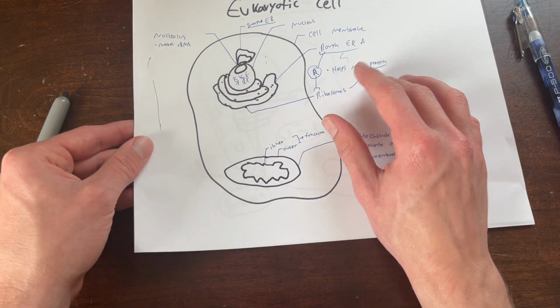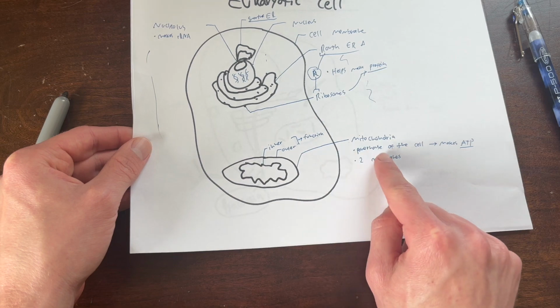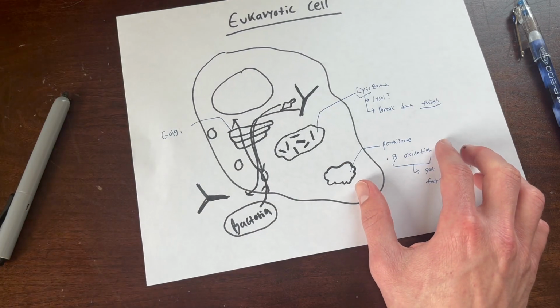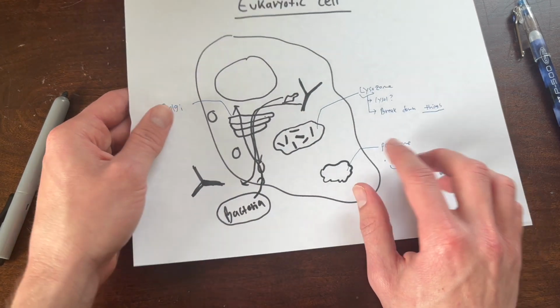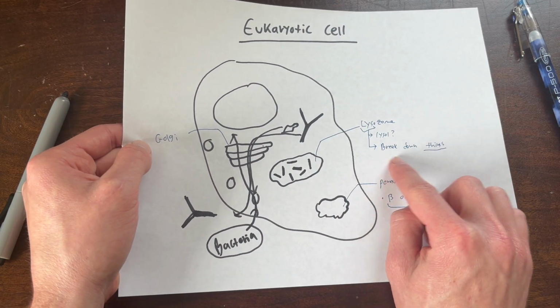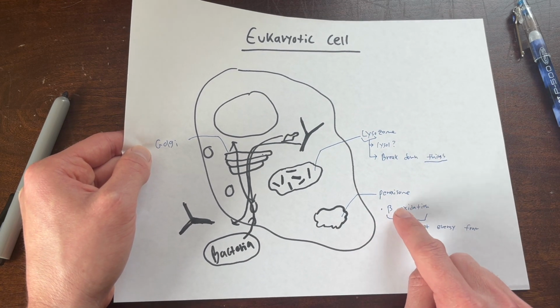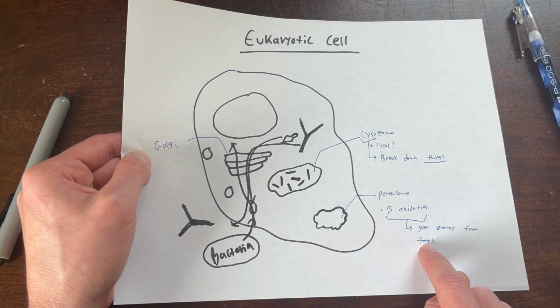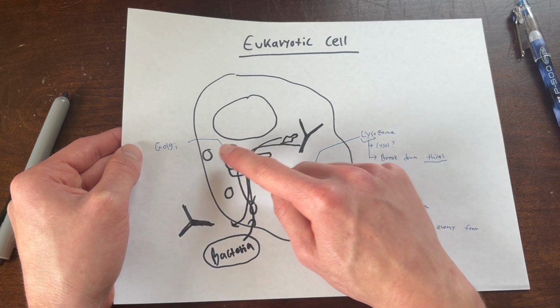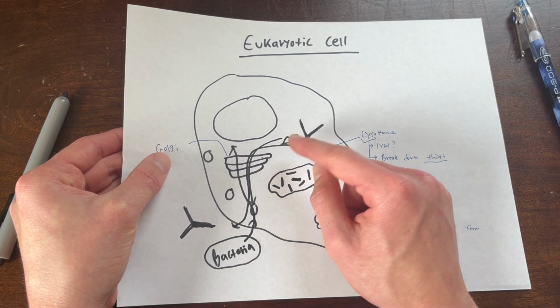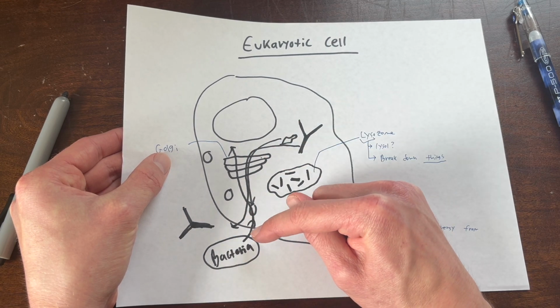You have the mitochondria, which is the powerhouse of the cell that makes ATP. You have the lysosome, which helps break down things. You have the peroxisome, which helps with getting energy from fat. And finally, you have the Golgi apparatus, which is the shipping center for getting things into the cell and taking things out of the cell.